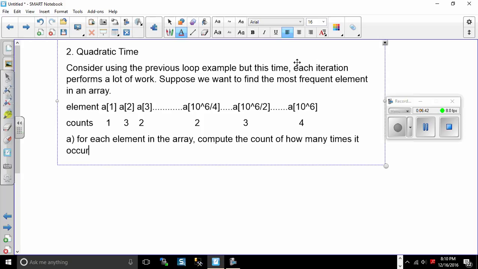That means you visit each element and you count how many times it occurs. So you make 1 million visits, and at each visit you count the number of times that element occurs. Step B: compute the maximum of all counts.